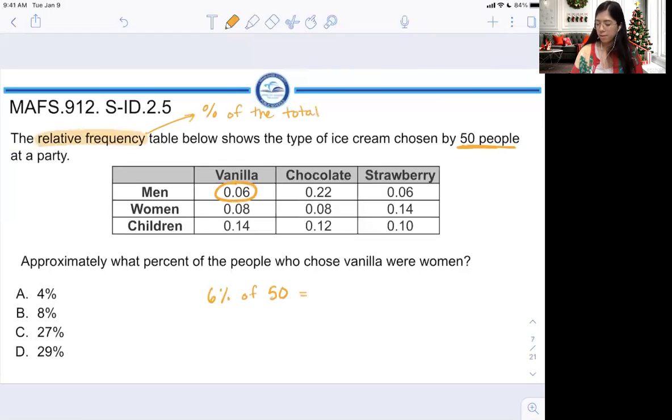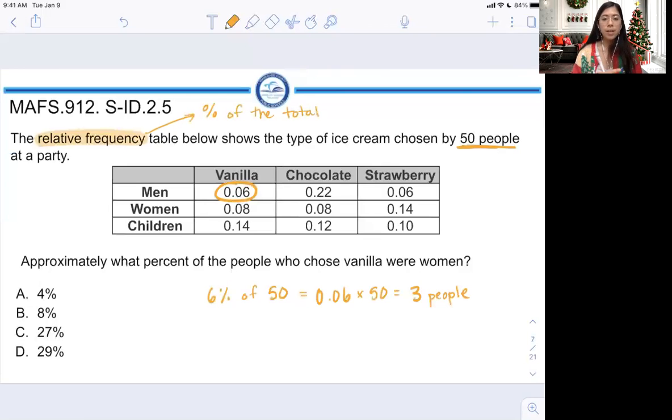How do I get that number? 6% of 50. We do 0.06 times 50. And what do you get? 3. So 0.06 of the 50 people means 3 people are men who like vanilla.